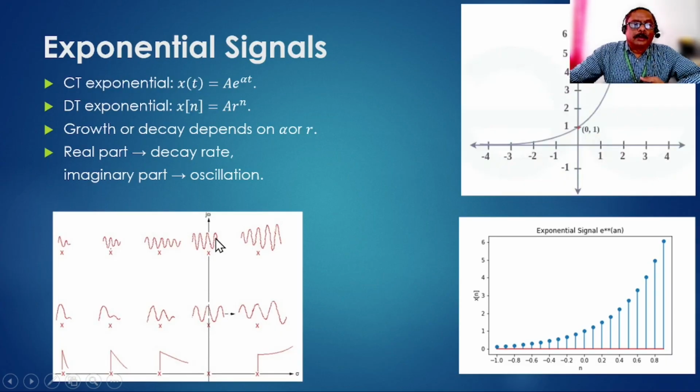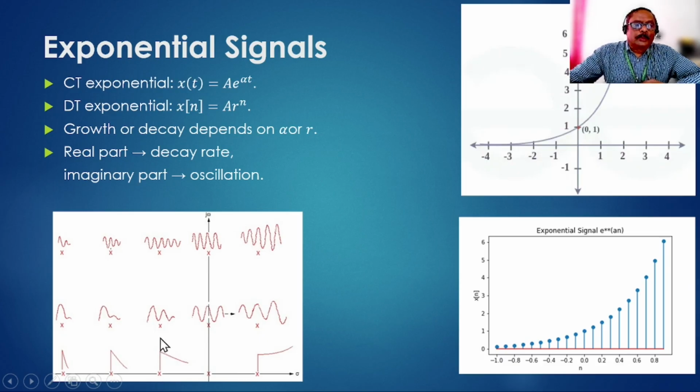As you move up and up, the frequency of that signal is increasing. Because we are on the y-axis, the real component is 0, therefore there is no decay and no increase. So we have constant magnitude sinusoids, but as you move up and down, the frequency is varying. As you move left and right, the magnitude is varying.